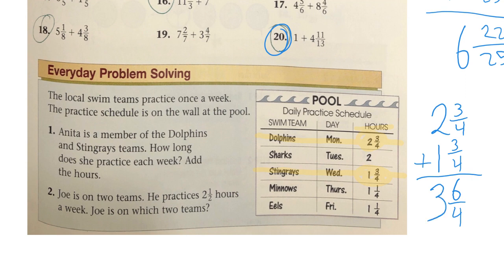6/4 is an improper fraction, so we divide 6 by 4, and that will leave us with 2 remaining.